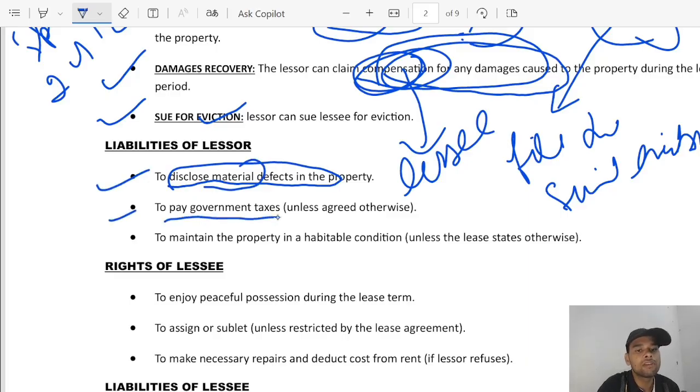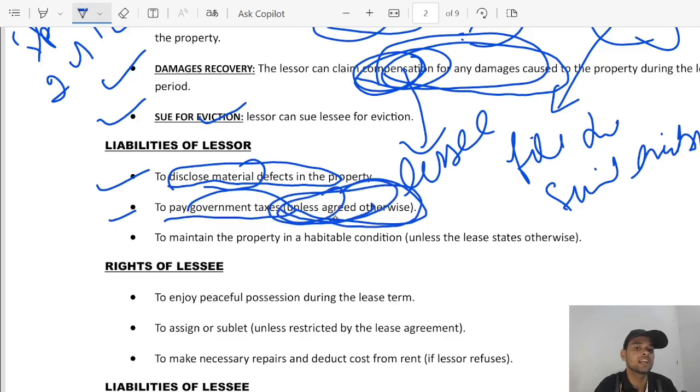Second is to pay government taxes unless agreed otherwise, means it is the duty of the lessor to pay the government taxes unless the rent agreement or lease agreement contains a provision otherwise. Third is to maintain the property in habitable condition unless the lease states otherwise.